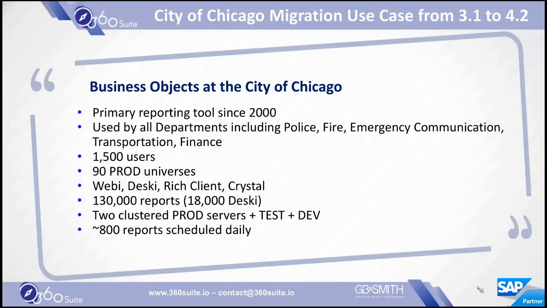And unfortunately, these are DESKI reports, since we purchased BO in 2000. So before we purchased GBN-Smith solutions, we didn't really know what we had. Previous migrations, for example, from XIR2 to 3.1, were very challenging.